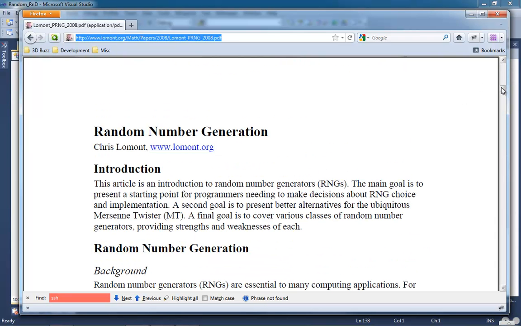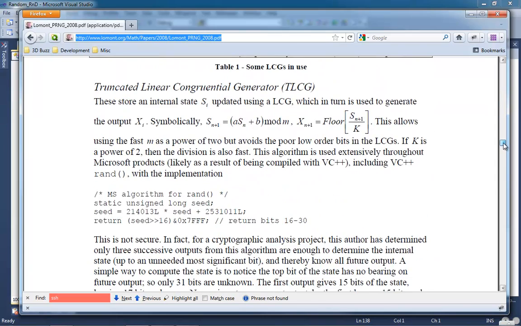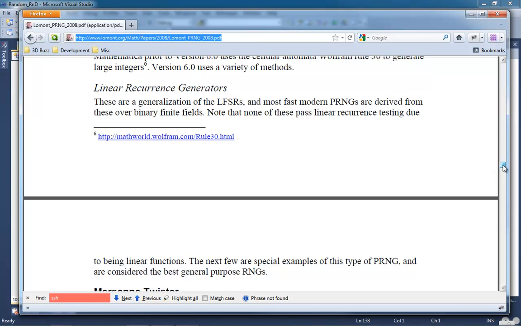And for the most part, it appears that this is ordered from the lower quality generators up through the higher quality, which is kind of neat. And it's got all the math that you could ever possibly want.